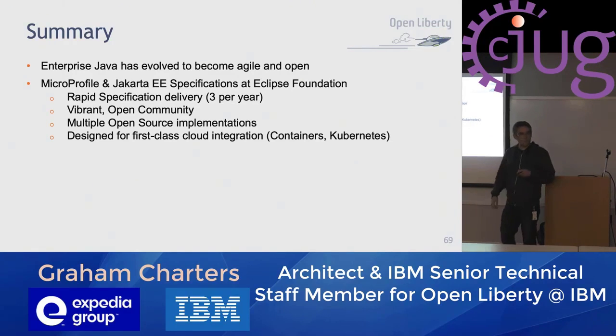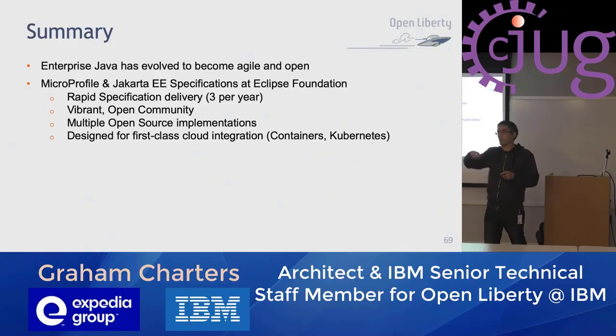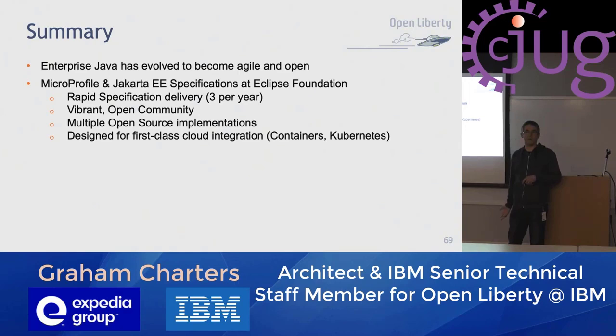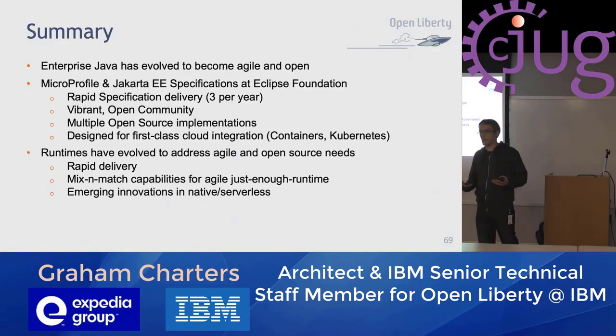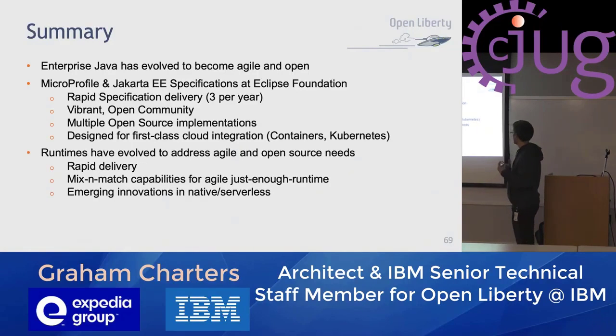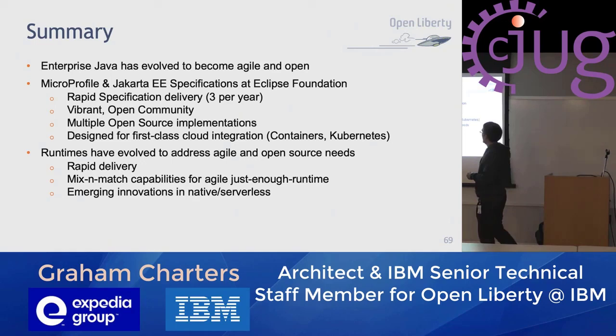From the MicroProfile perspective, it's been designed with first-class integration with containers and Kubernetes in mind, being able to link up to Kubernetes liveness and readiness probes, and get configuration injected from Kubernetes config maps and secrets. We've seen how the runtimes have evolved to address new agile requirements, being able to deliver new technologies and provision just enough runtime for your needs.